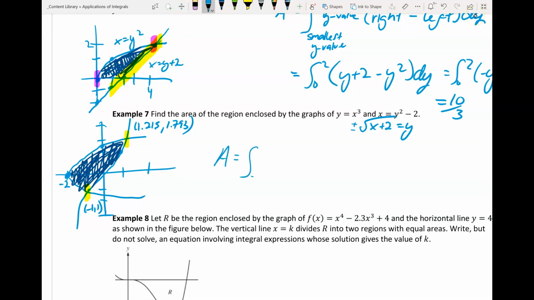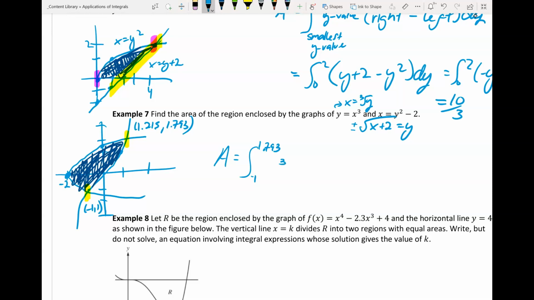So we're going to integrate from our lowest y value, which is -1, to our highest y value, which is 1.793. Our most right function is going to be y equals x cubed, but in terms of y, I have to rewrite this as x equals the cube root of y.